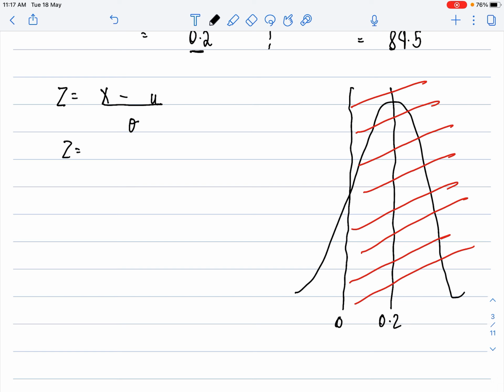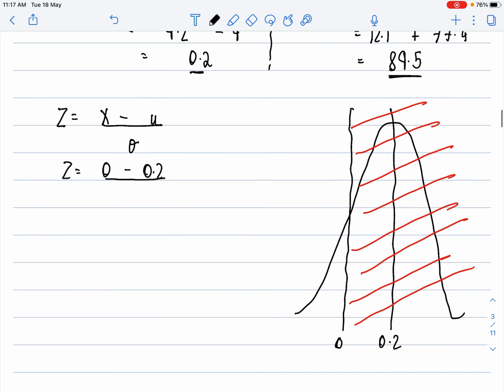So my value is 0 minus 0.2 over the standard deviation, which is the square root of my variance. That is the square root of 89.5. So my z is basically equal to minus 0.2 over the root of 89.5. So I get my answer here as minus 0.0211. Okay, this is what I get.